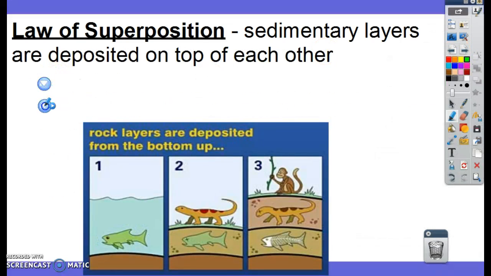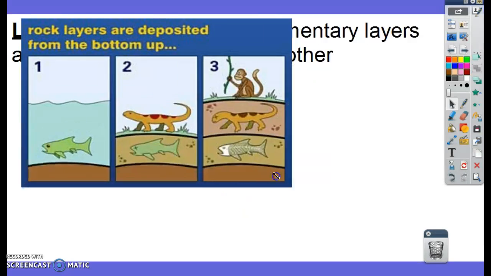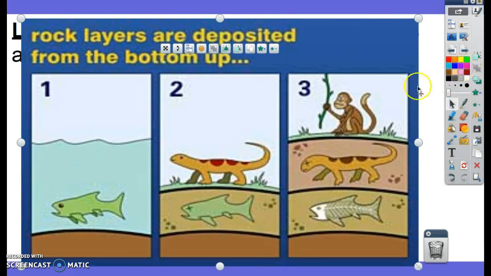All right, so here's the last thing we need to write down for a slide. Before you write this down, let's look at this picture. In this picture, we got a little fishy. He's swimming. The fish is swimming, and then the fishy died.